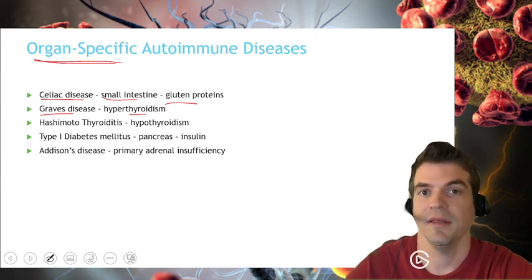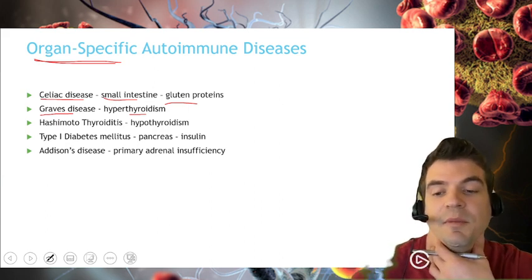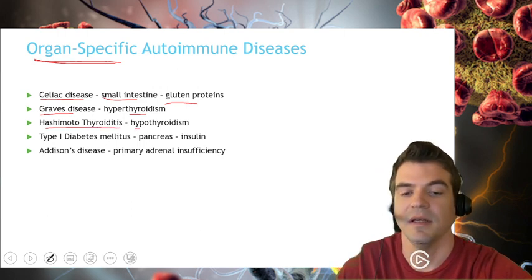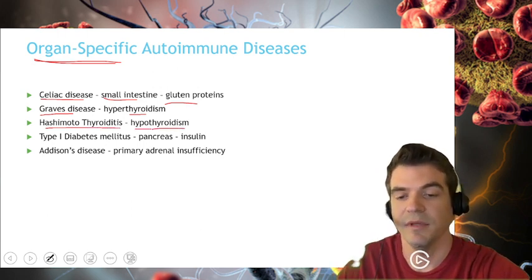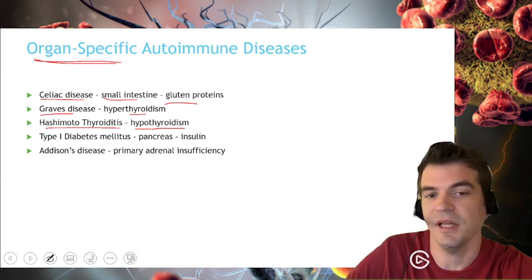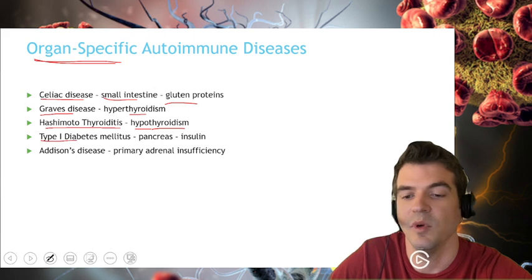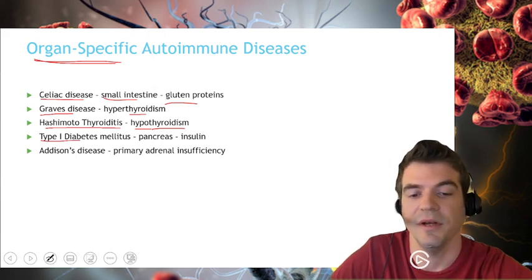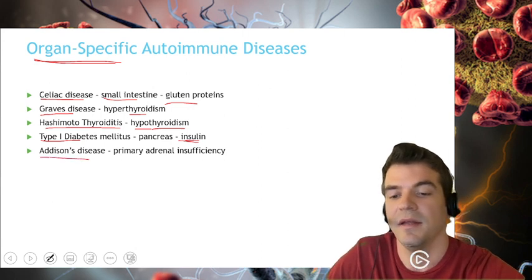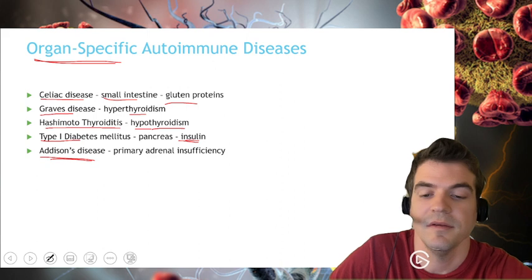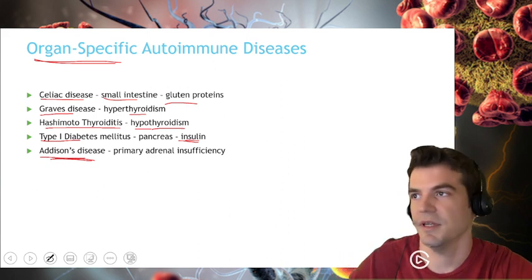Okay, so a big thyroid, you can imagine what would happen. Hashimoto thyroiditis is hypothyroidism, so that's shrinking of the thyroid. Type 1 diabetes, where you don't produce insulin, and Addison's disease are all organ specific.